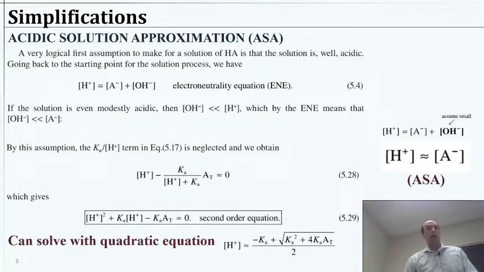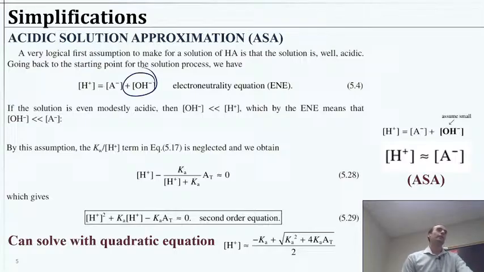So I'm going to read a bit of text here for you. A very logical first assumption to make for a solution of some acid HA is, well, if that's all that's in there, it should be at least a little bit acidic, right? We just added an acid. So going back to the starting point of the electroneutrality equation, if it is somewhat acidic, then there's a good chance that this becomes not very important.